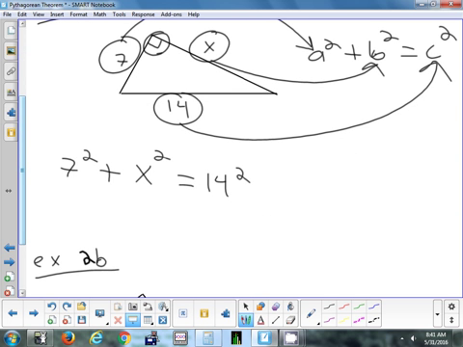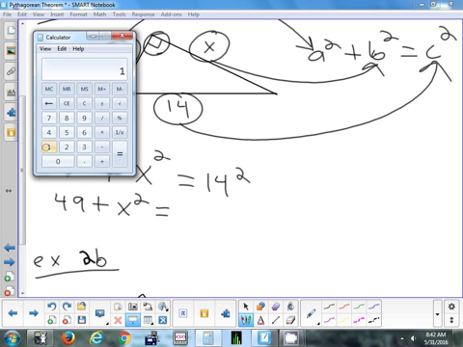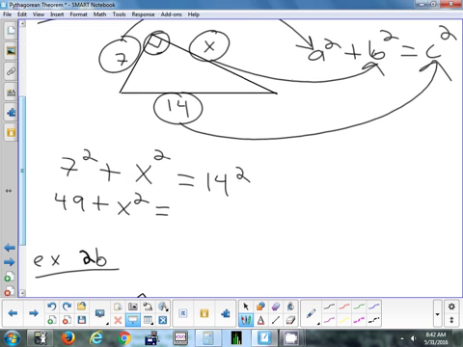I think we've done that a couple times now. Alexis, what's 7 to the second power? Yep, 49. Do I do anything with x squared right now? Nope, we just leave it. And 14 squared, I think is 196.